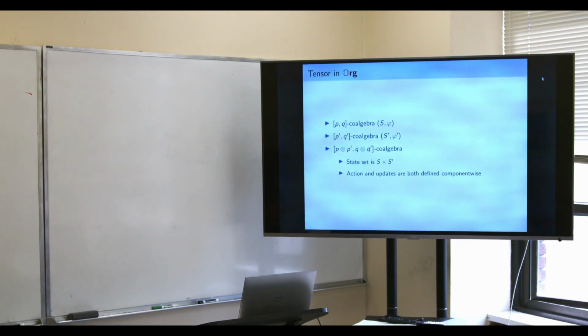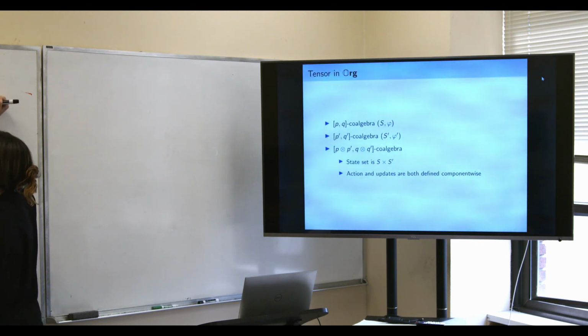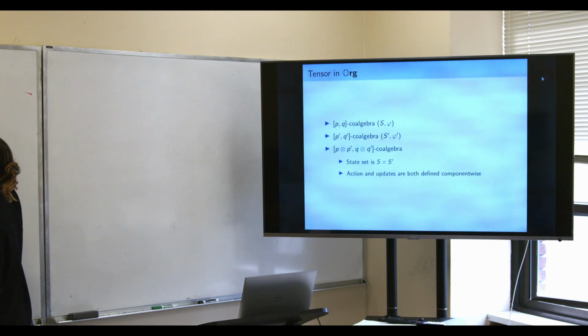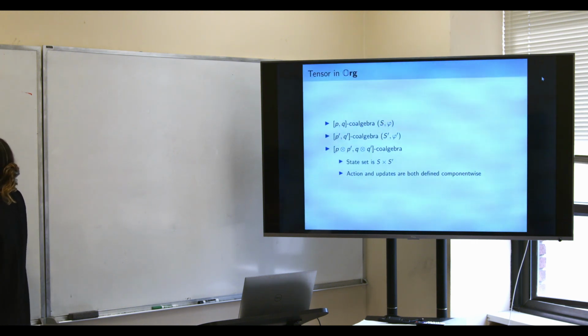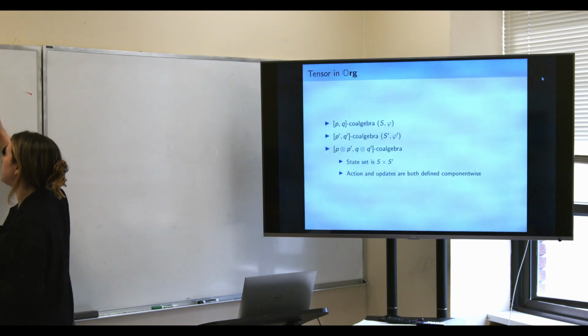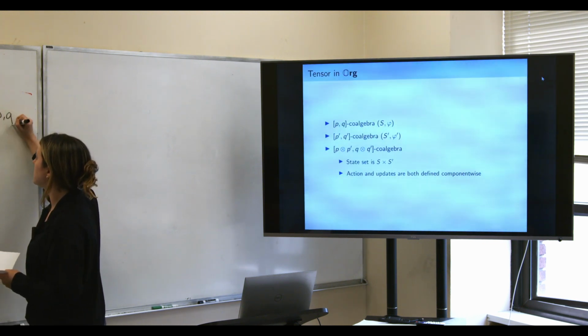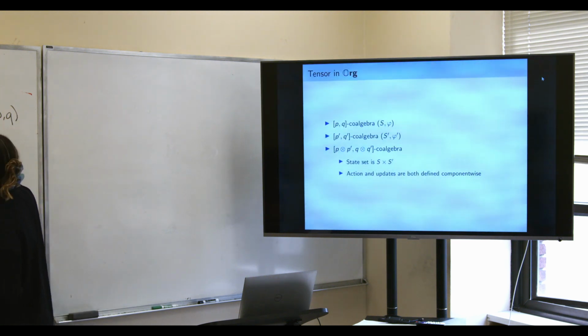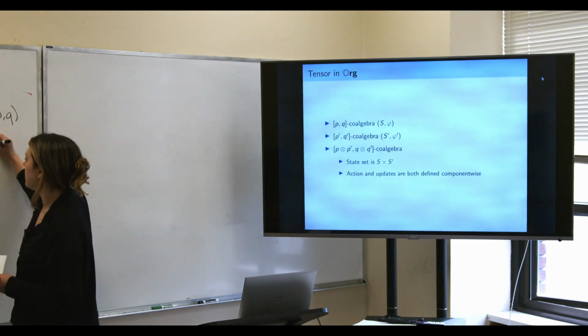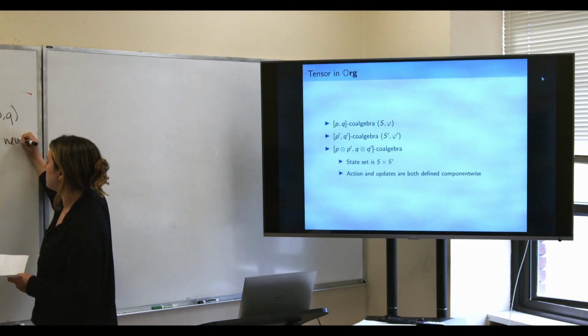So a PQ coalgebra, as I've said, consists of a set of states, and then for each state, an action map that's a polynomial morphism, and an update that tells us how to get a new state.